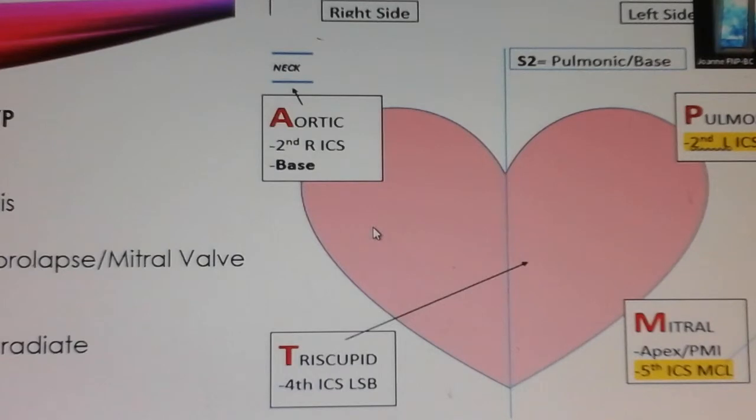This could also be found normally in children and healthy young adults, and in pregnancy, under 35, but just remember heart failure. It's basically a marker of poor systolic dysfunction or ventricular overload, so fluid overload.